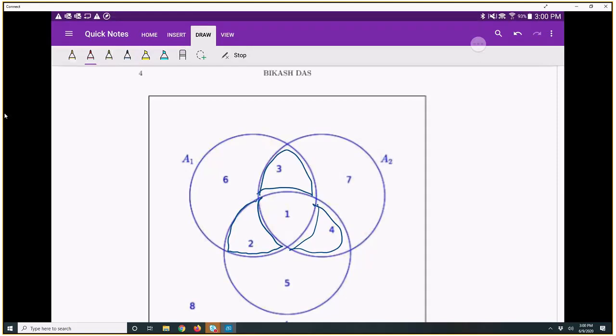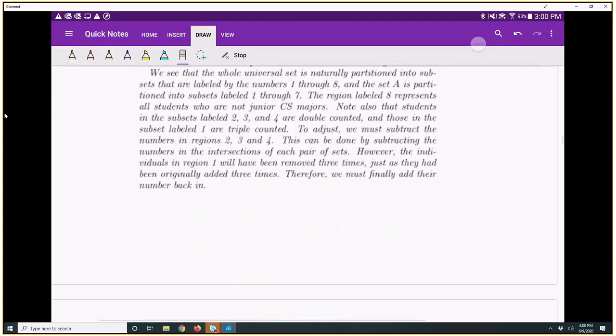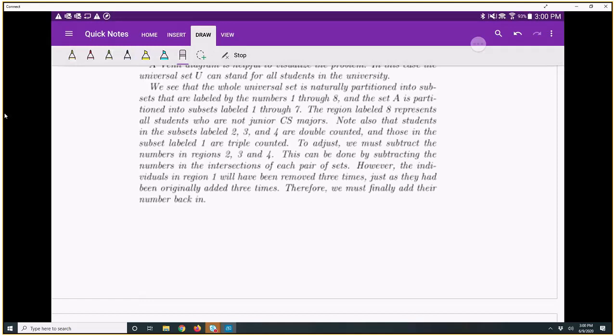And then the students here get counted 3 times because they're taking all 3. So how do we address this problem?